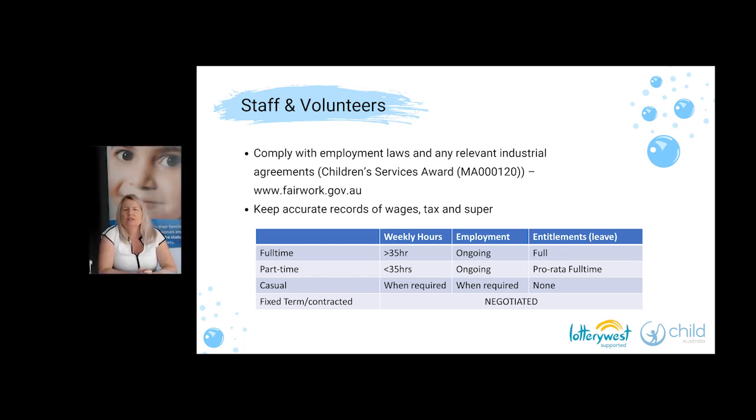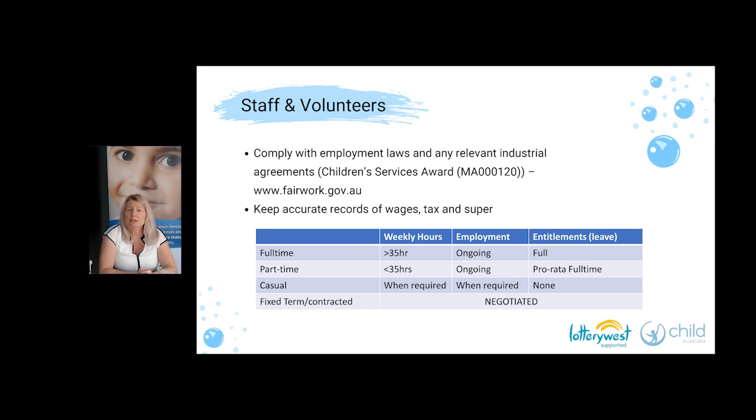Education and care services rely heavily on employees to help carry out the activities of the association. When employing staff, centre management need to comply with employment laws and all relevant industrial relation agreements. Education and care staff are mostly covered by the Children's Services Award, and that's available via the Fair Work Australia website.